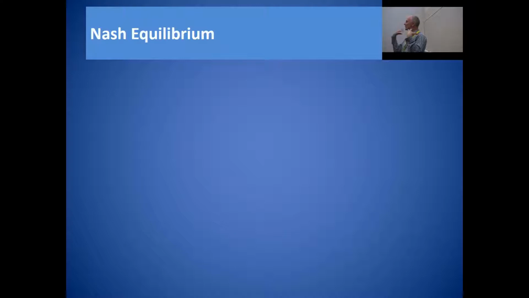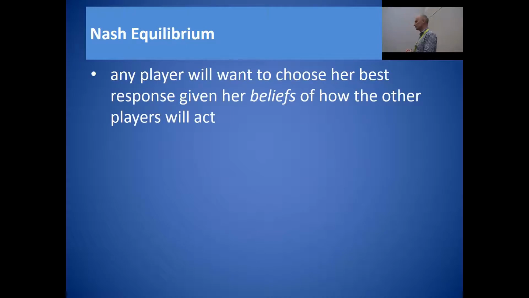Well, rather than giving you a formal definition, I just want you to think about this logic. So the first thing, any player. What would a rational player choose to do? Well, if you were playing a game against an opponent, you would want to choose a strategy that gives you your highest possible payoff, your best response.